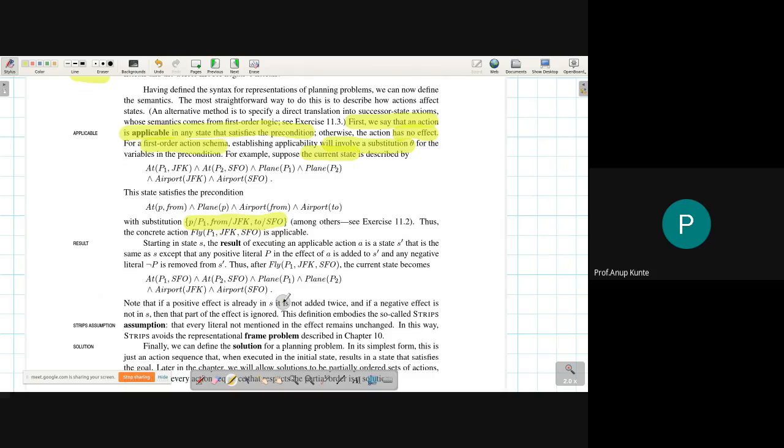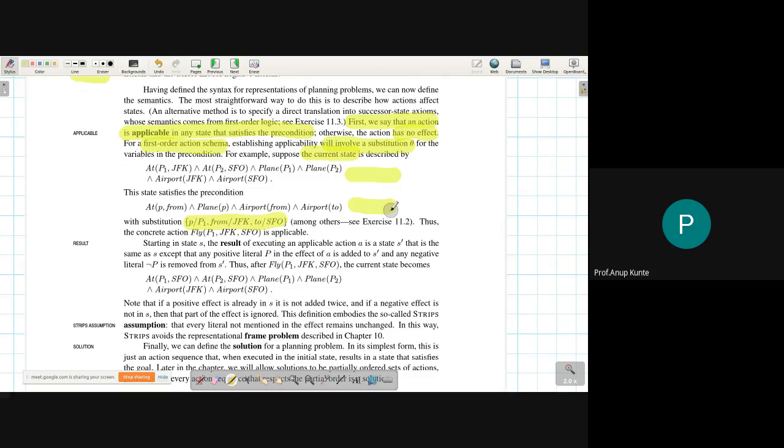Okay, so we already said that in the state representation there are no variables, but in the precondition representation of the action, I have variables. So to match the precondition to the state representation, I'm using substitution, which is very much what we learned in the predicate logic inference techniques.